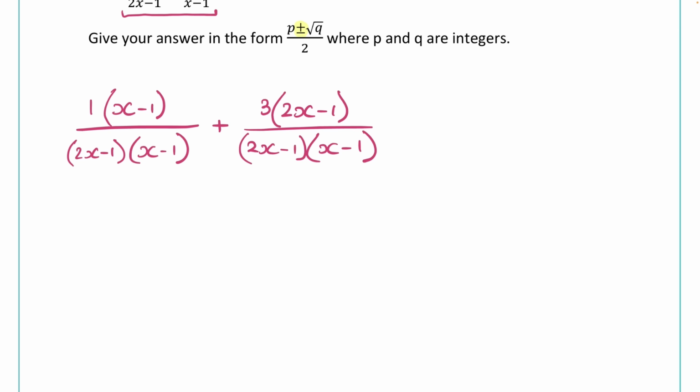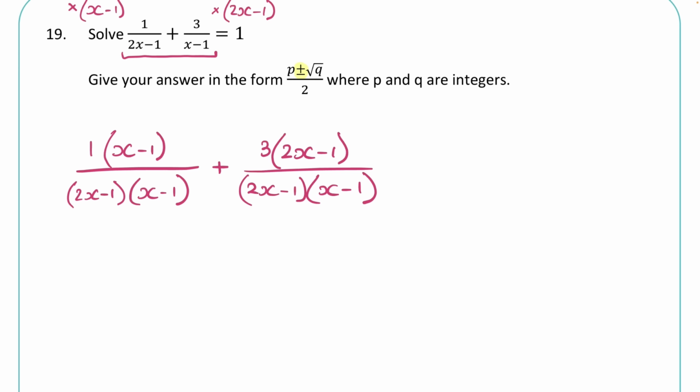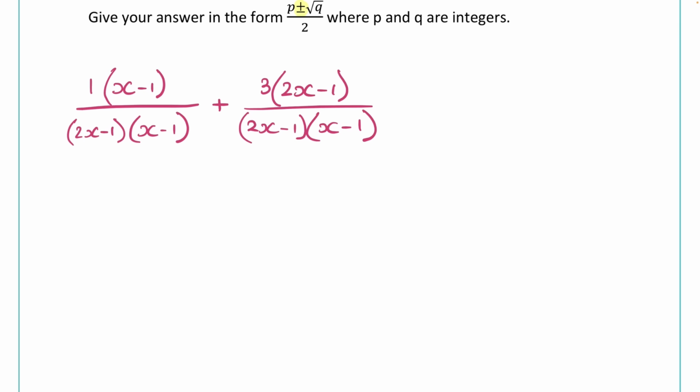Now of course that's all equal to 1, we don't want to forget that, but I do want to simplify this first and get it all put together before we worry about that equaling 1. So if I expand the numerator on the left fraction, we just have x minus 1, and we can expand this double bracket on the bottom. I'll do it all in one jump if I can, so that would be minus 2x on that bit there. That would be minus 1x.